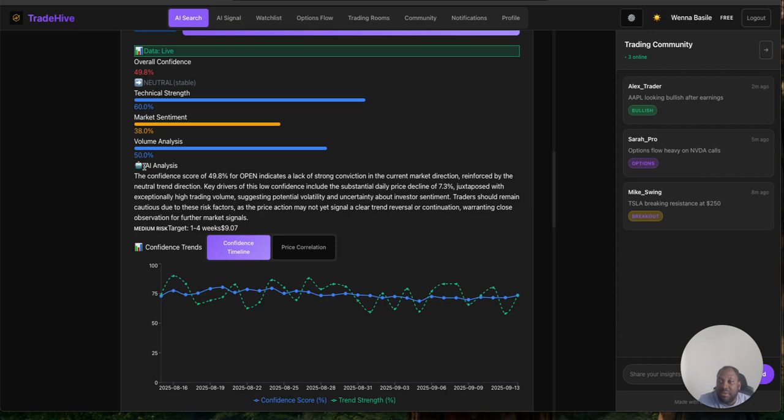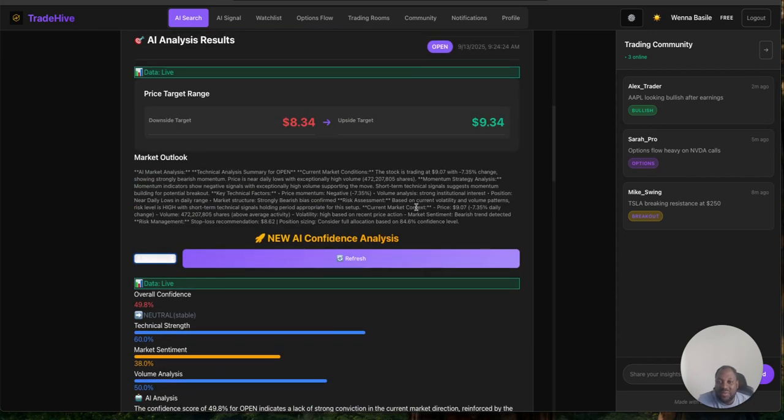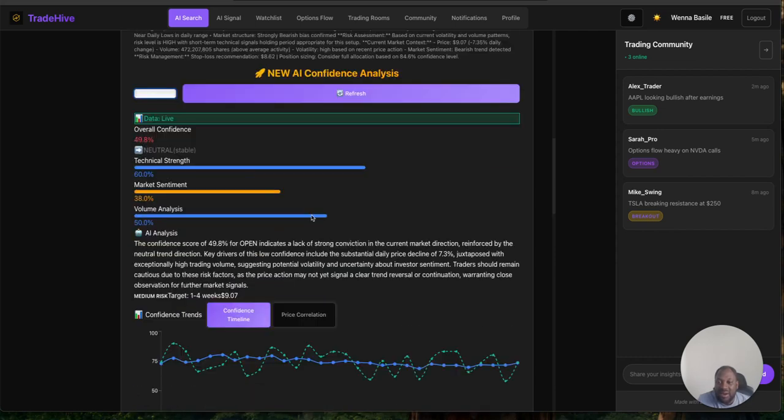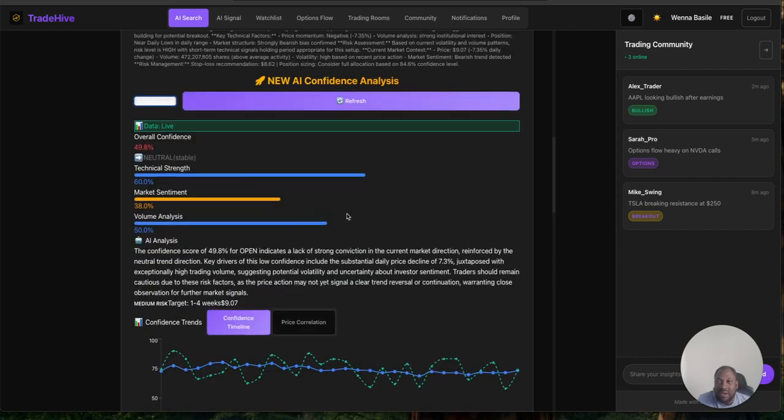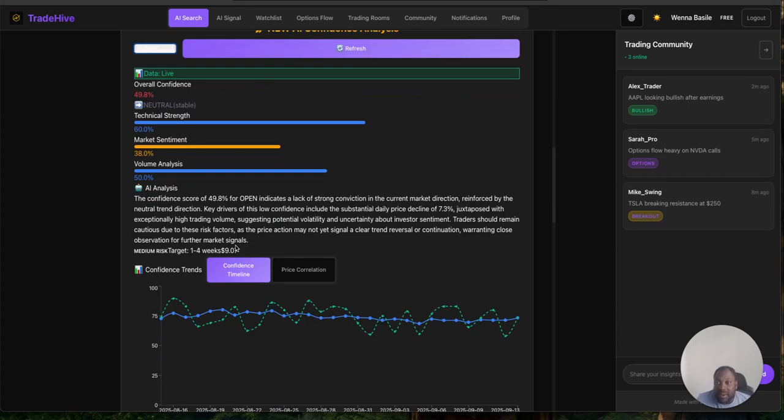So I built a little bit of analysis here, which reflects what is put in the market outlook, but it is also a summary of the AI confidence that I built. It tells you what's going to happen. It tells you that traders should remain cautious due to this risk factor, as price action may not signal a clear trend reversal or continuity.